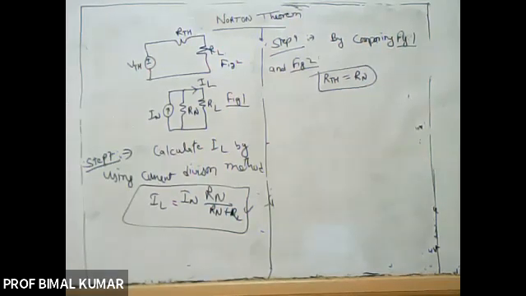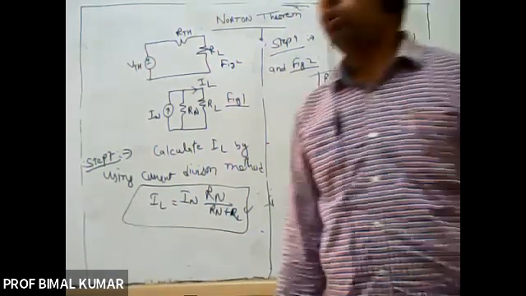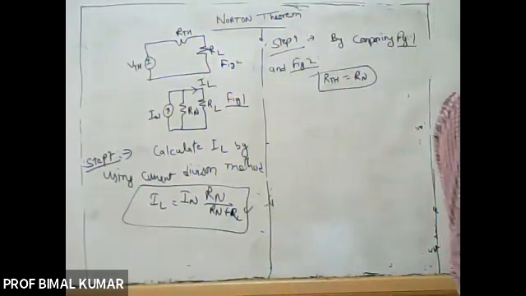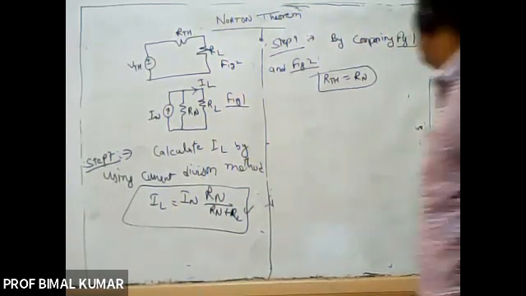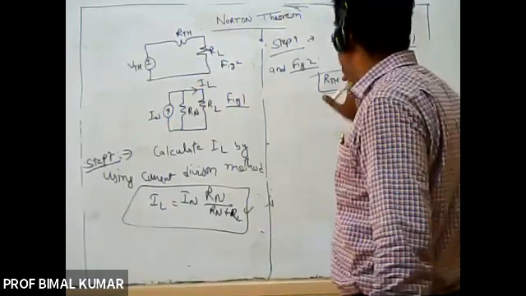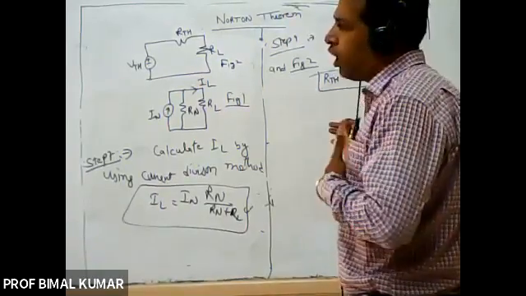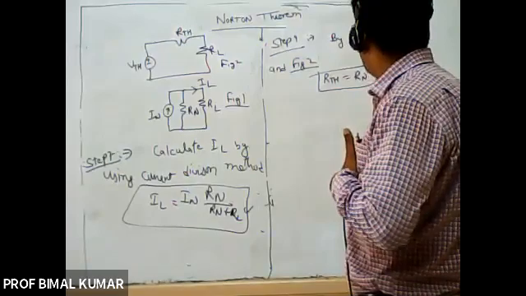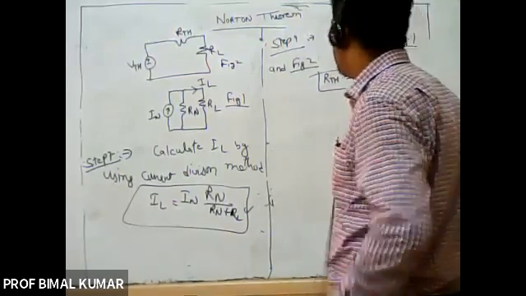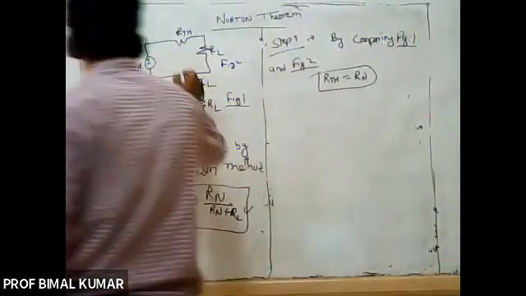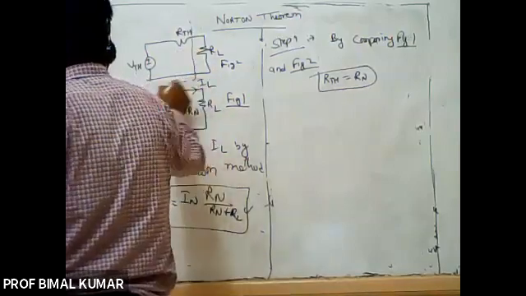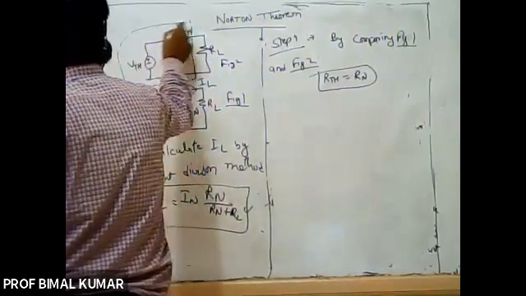In both cases, either Thevenin or Norton, I apply the same steps. So the value of RTH will be equal to RN for the same network, right? So if you compare these two circuits, fine.